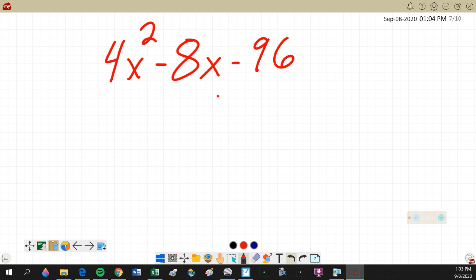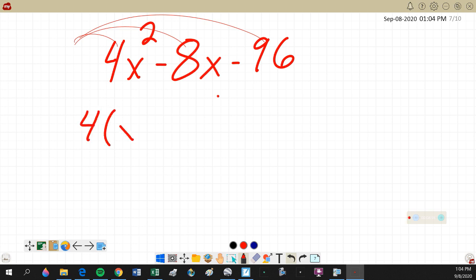Can I pull anything out? 12 does not go into 4 or 8. So 4 is the greatest common denominator. Or wow, greatest common factor. There we go. So I'm going to remove a 4 out of each of those.